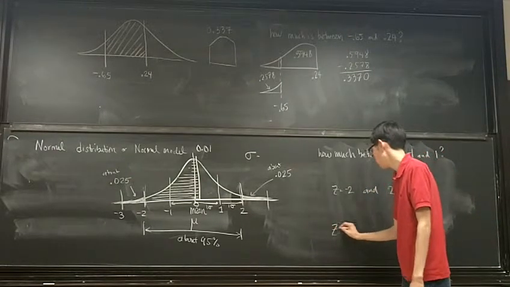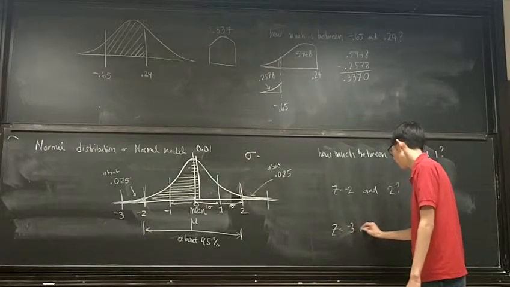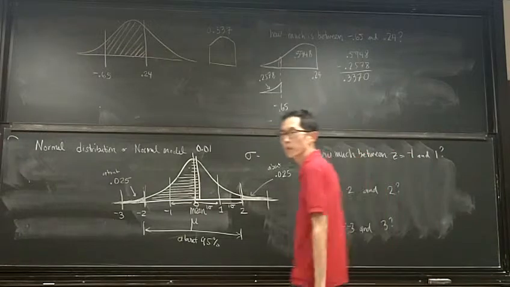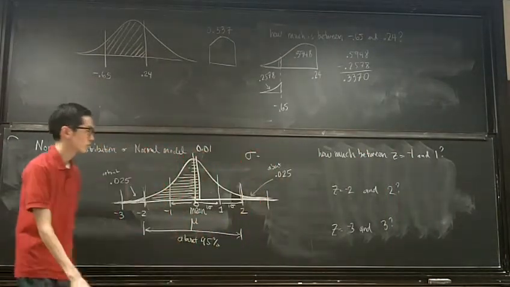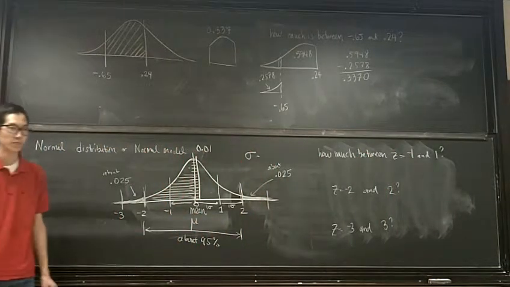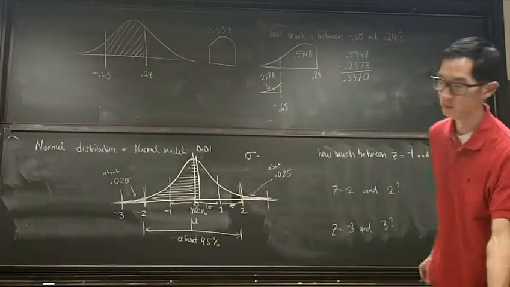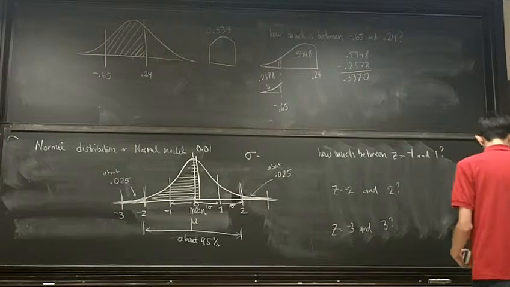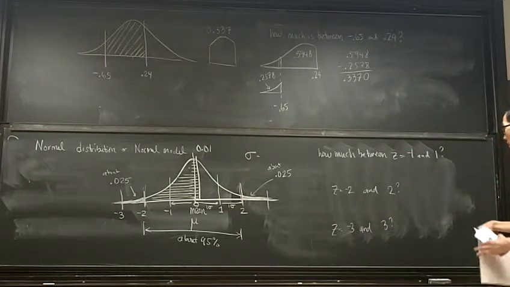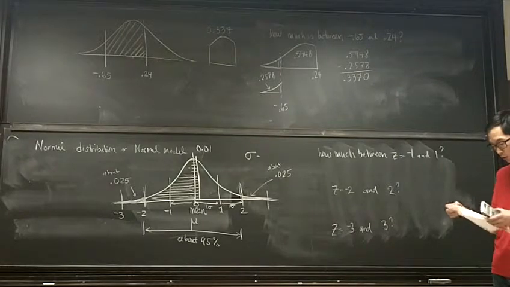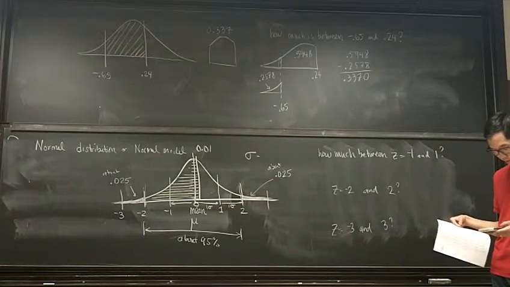And how much is in between z equals -3 and 3? Can you guys get this? Is that 0.2, 0.3? No, these are whole numbers. 1 and -1, whole numbers, 2 and -2.